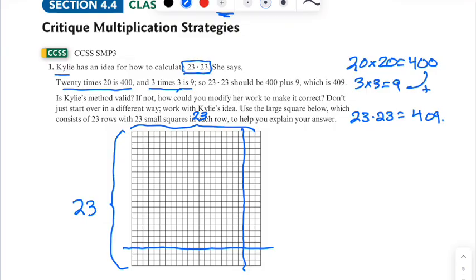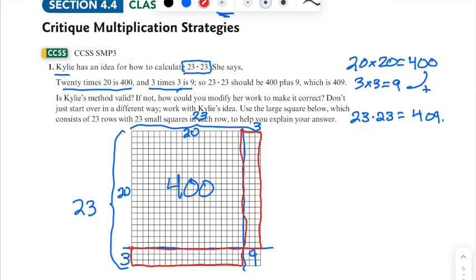She says that's just 20 times 20, which means this piece has 400 squares, and 3 times 3, that's these 9 squares. But notice Kylie's strategy is missing all of these squares over here and all of these squares down here.